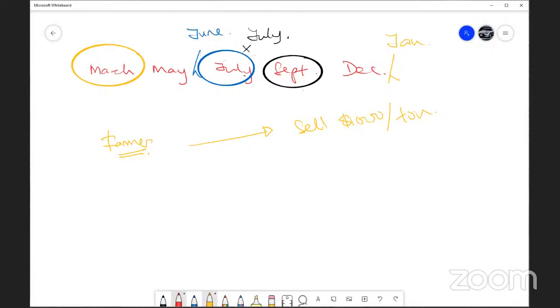Then suddenly, this is for 3 months later, a storm comes and takes off all his corn. 3 months later, he needs to deliver at $1,000 per ton, for I don't know how many tons, there's a contract size there. Again, $1,000 per ton. That's the promised price. So 3 months later, this is the promised price that the farmer will sell to whoever wants to buy from him, or whoever already bought from him via the futures contract. So in this case, he's got no crops to give people.